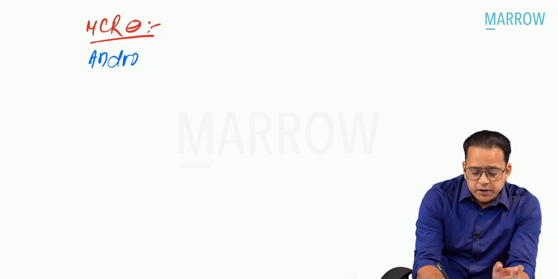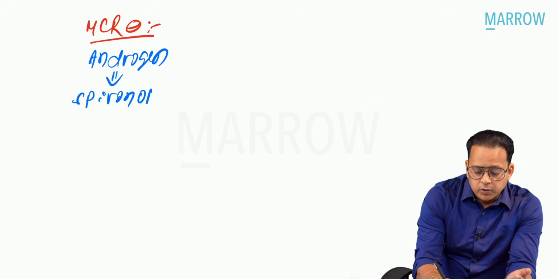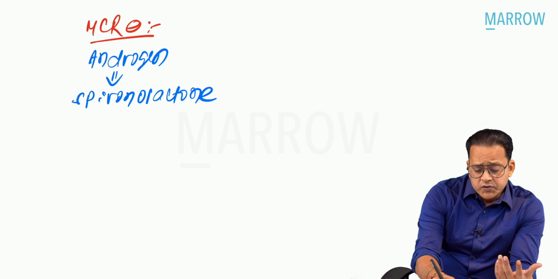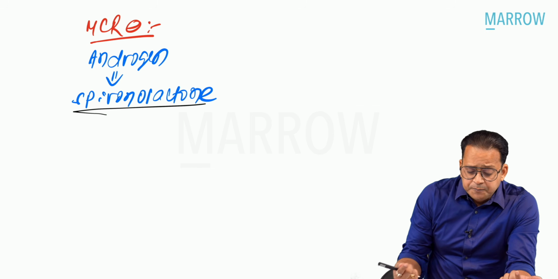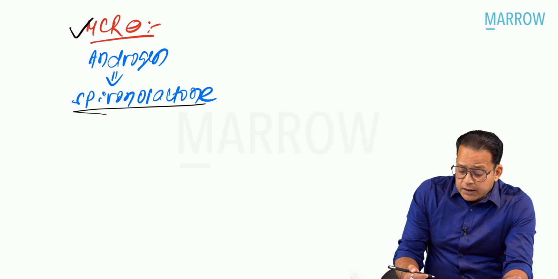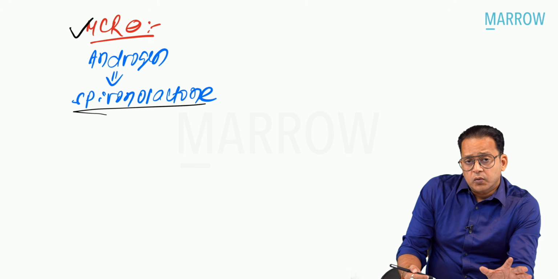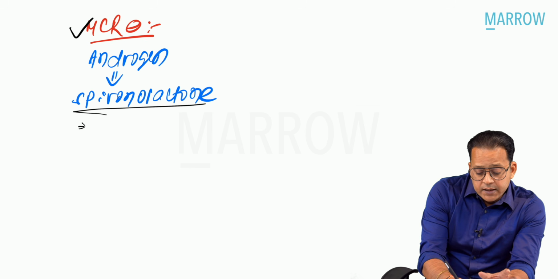So we took an androgen, modified its structure, and developed spironolactone. Being a steroidal mineralocorticoid receptor antagonist, it is an androgen derivative.